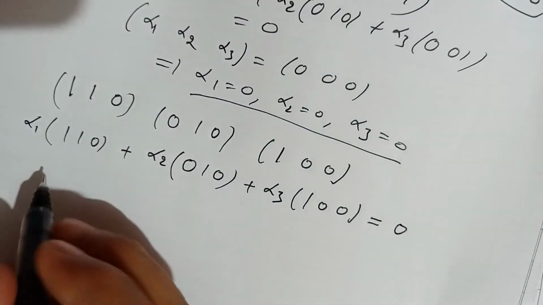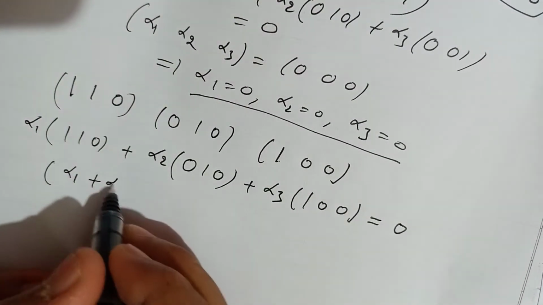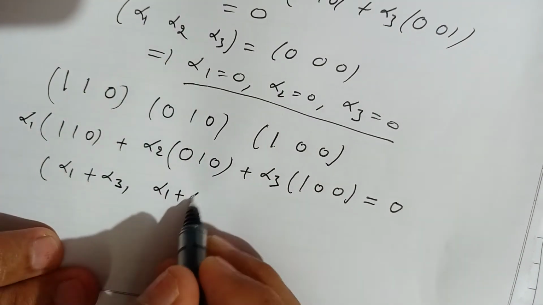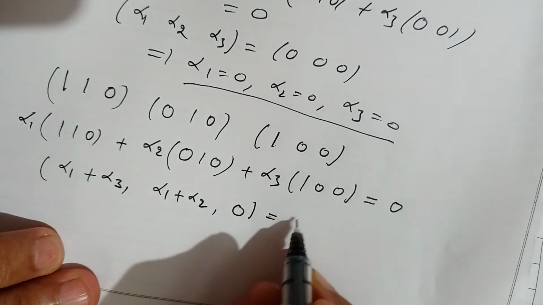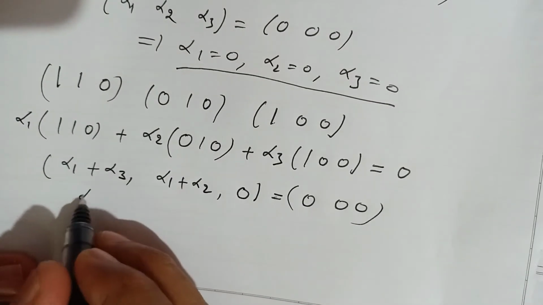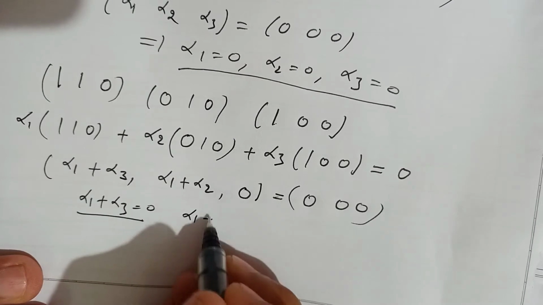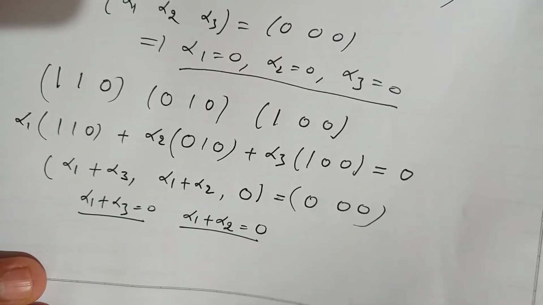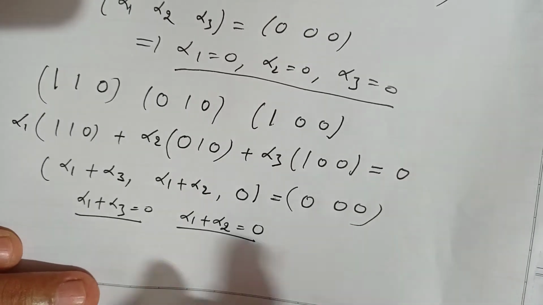So we get alpha 1 plus alpha 3 in the first component, alpha 1 plus alpha 2 in the second one, and 0 in the third, equal to (0,0,0). So we get alpha 1 plus alpha 3 equal to 0 and alpha 1 plus alpha 2 equal to 0. So we have two equations and three unknowns.